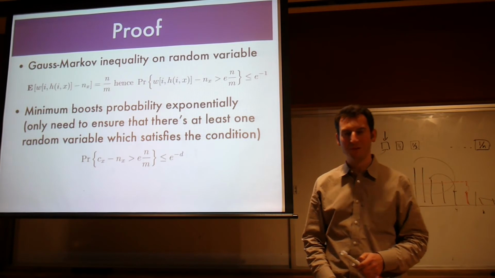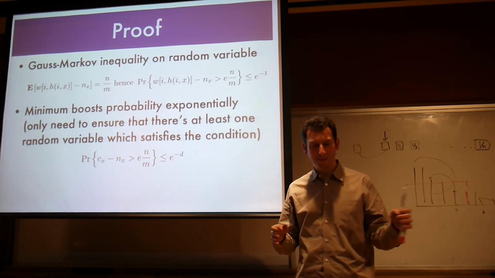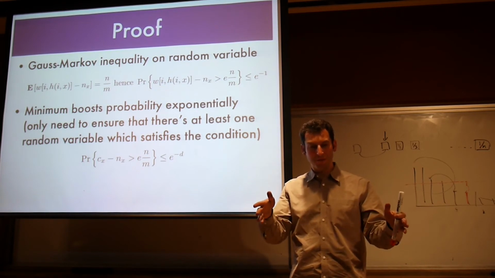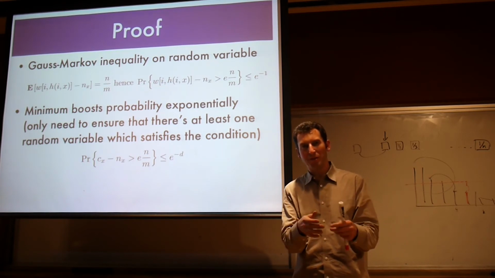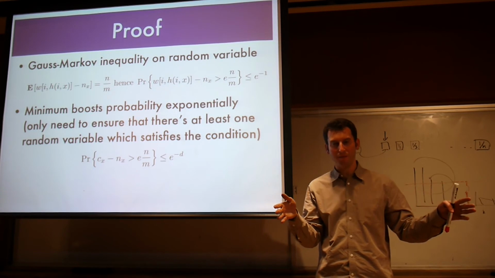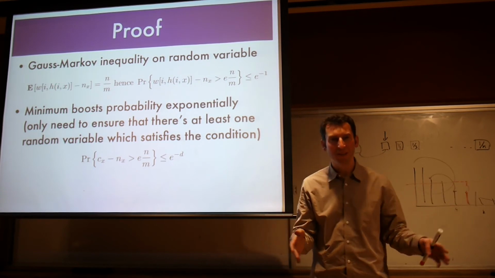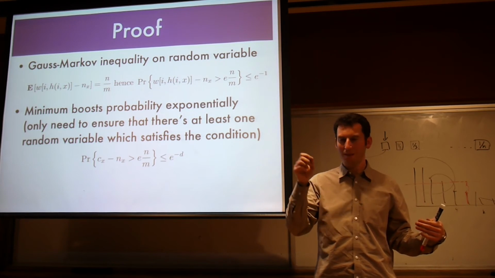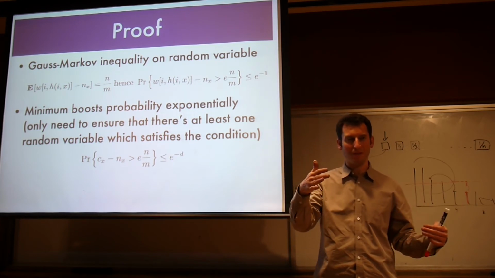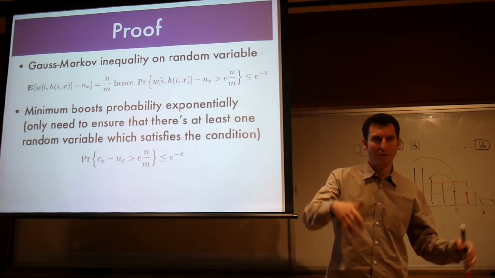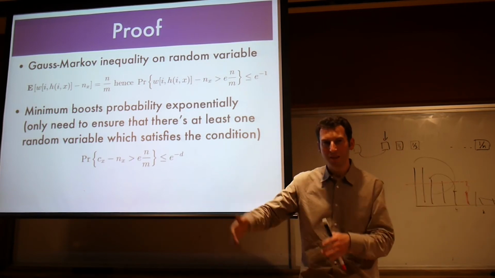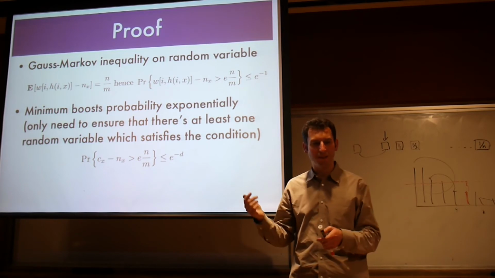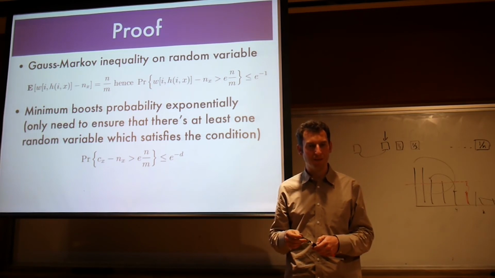So this should now actually look very familiar compared to what we've done before. Basically what we're going to do is make sure that the probability that something good happens is reasonably large. It doesn't have to be ridiculously close to 1, but just reasonably large. And then I'm going to amplify that probability by a corresponding, in this case, minimum operation. In other cases, people might take the median.